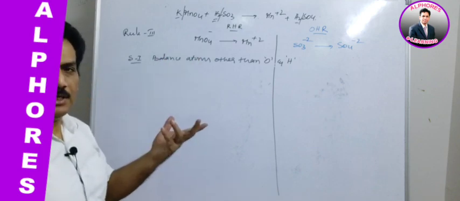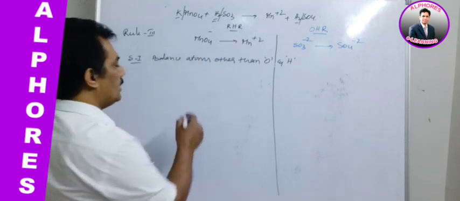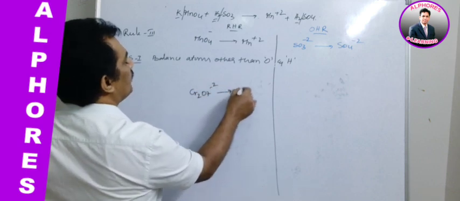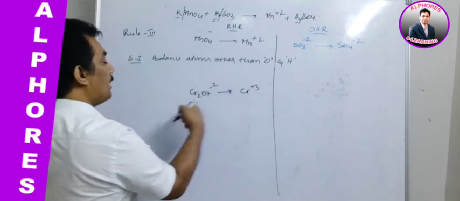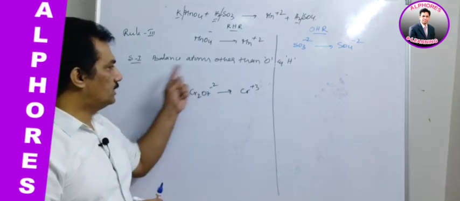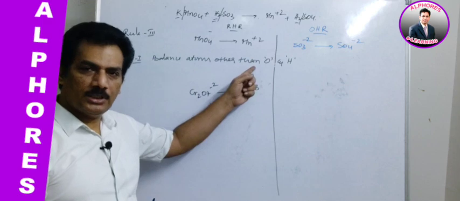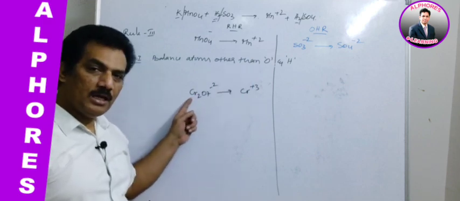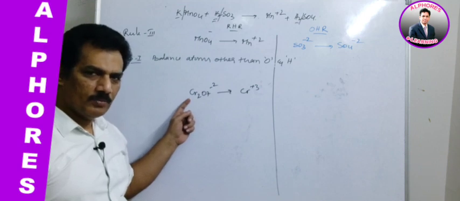If it is present, what to do? Let me give an example. If it is given like this, Cr2O7 minus 2 giving Cr plus 3, if this type of equation we are getting, it is nothing but an explanation for step 1. Here the chromium atom is other than oxygen and hydrogen. Are you following?